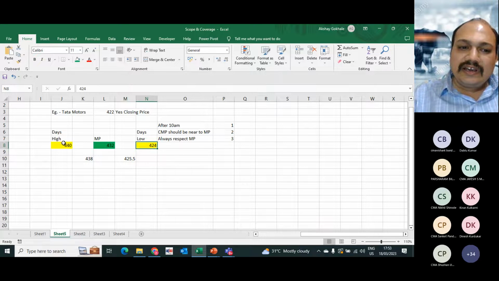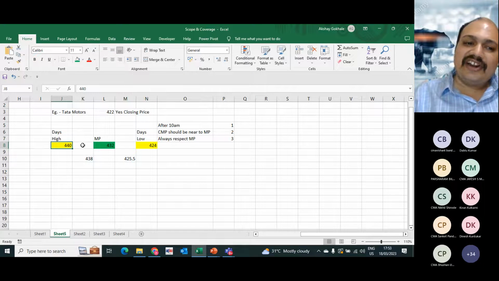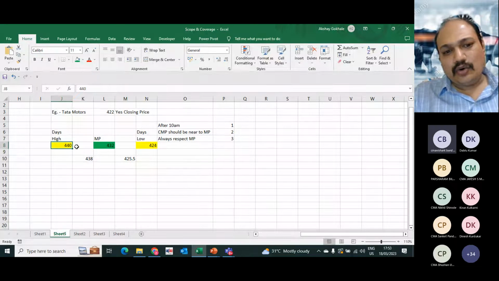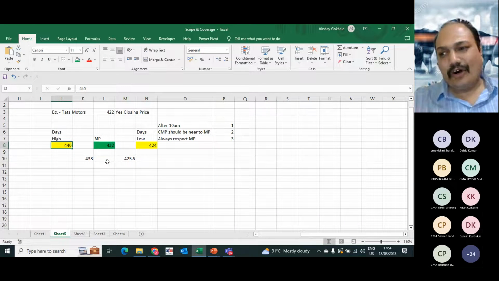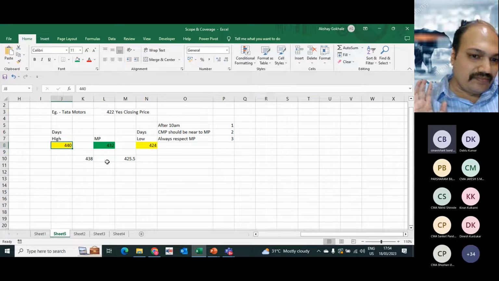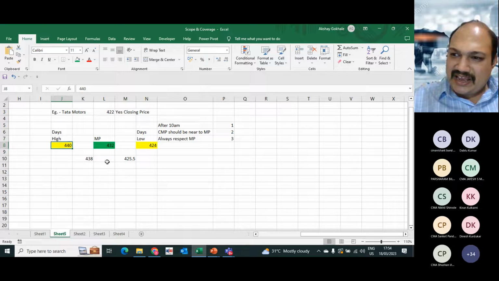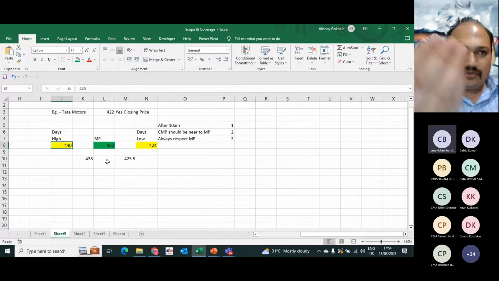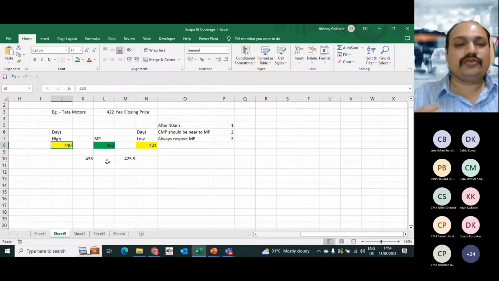Why? Because even if Tata Motors is trading at the day high with a decisive price difference, if it still goes down below the midpoint, it means it will suddenly fall and create a new day low. By experience, we will come to know these things, which will help you in intraday trading further.